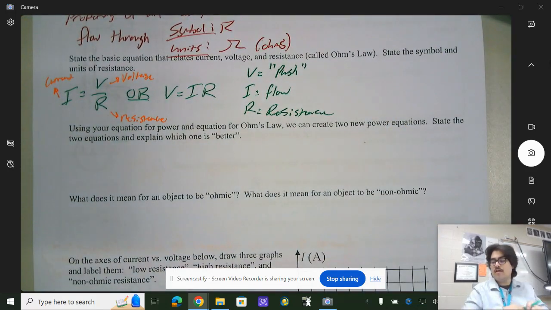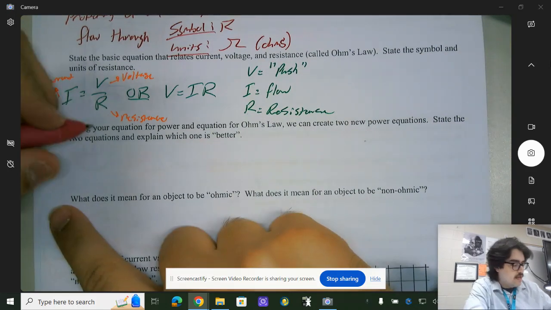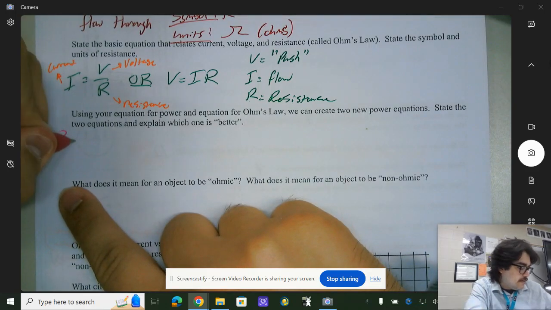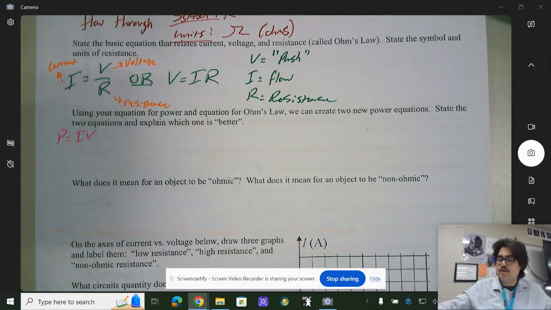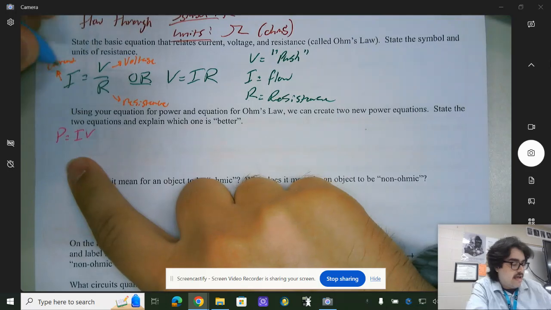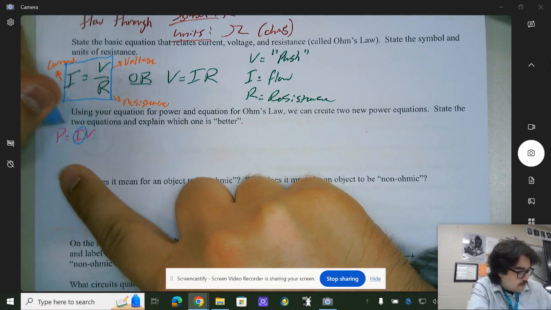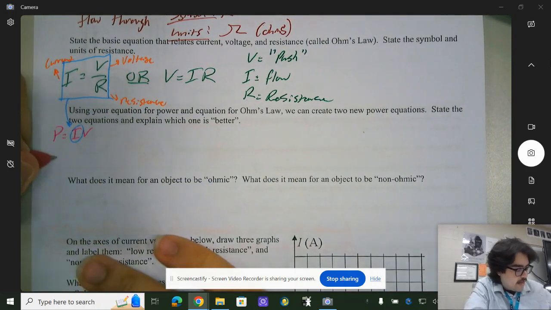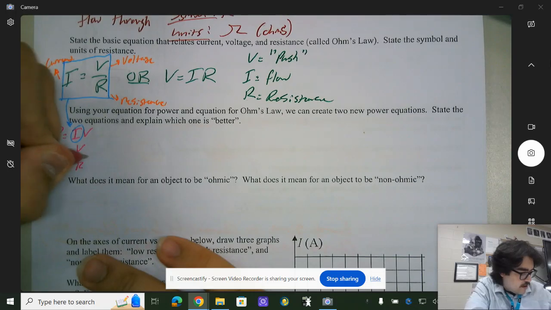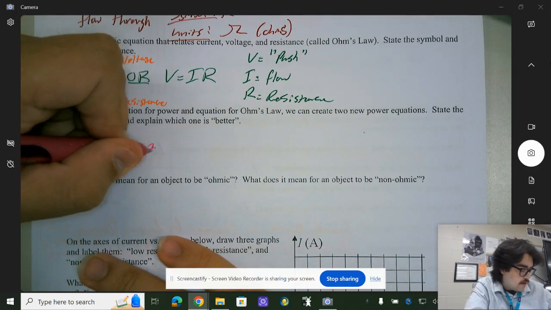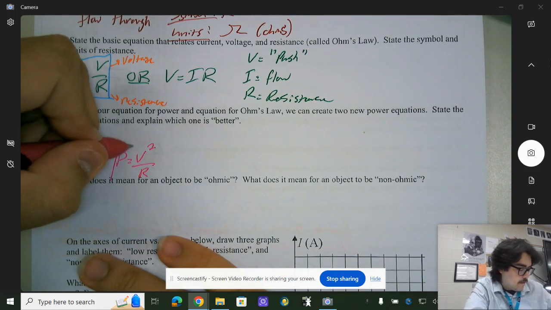Now we can actually develop two different equations for power. If you know that P is equal to I times V, and you know that I equals V over R, and you substitute it for the I in here, then you will get P equals V over R times V, which will give you P equals V squared over R. That's one.